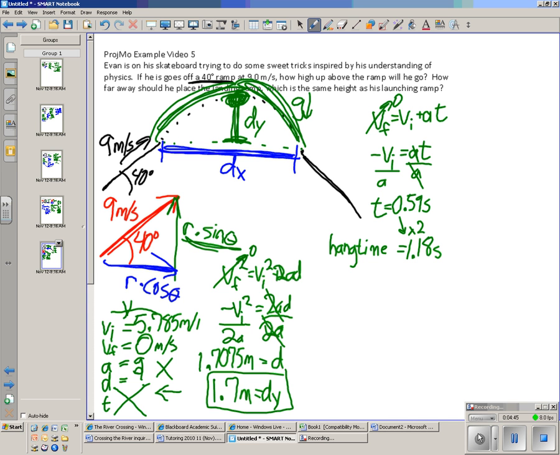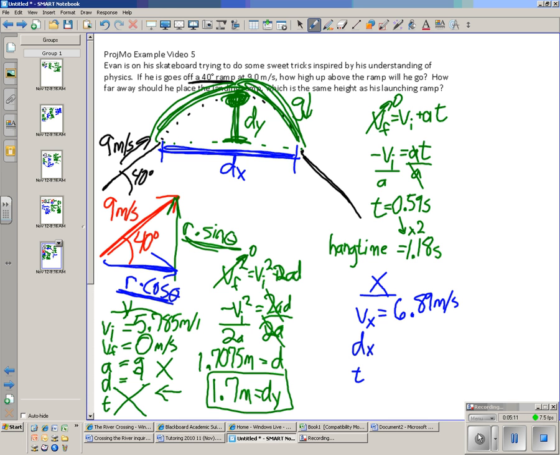So listing out the stuff for the x, I've got velocity on the x, displacement on the x, and the time. Velocity on the x using the r times cosine theta. Tapping into calculator, 9 times cosine 40 is going to be 6.89 meters per second.